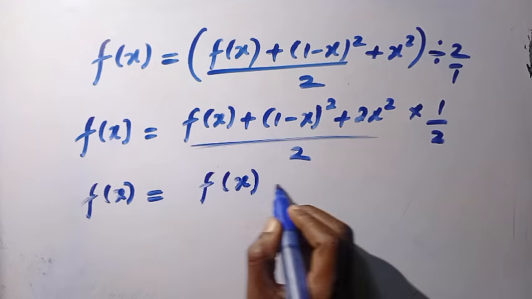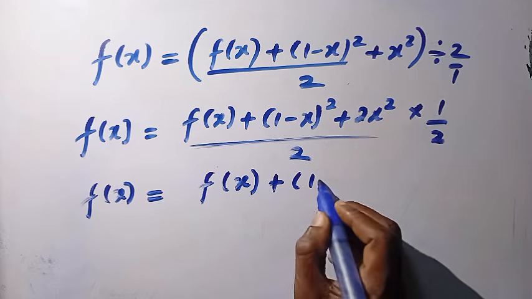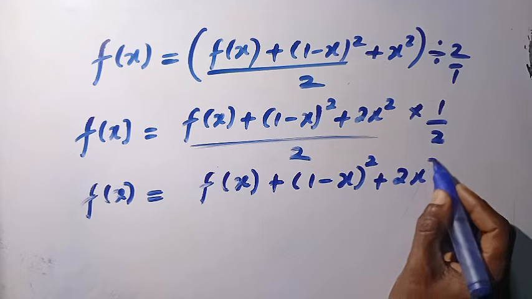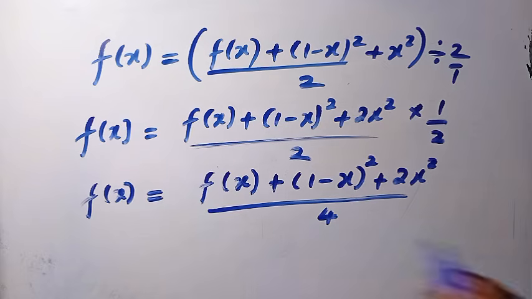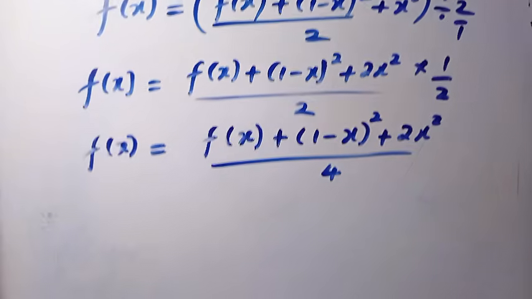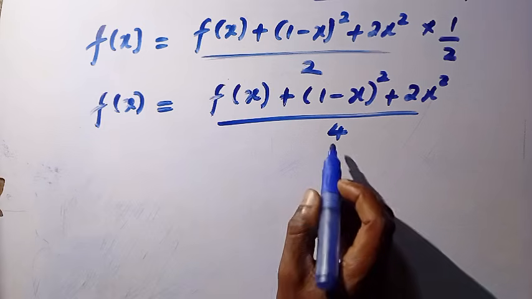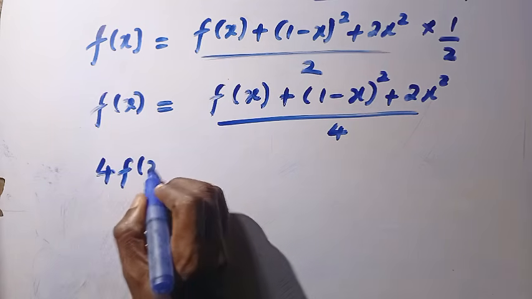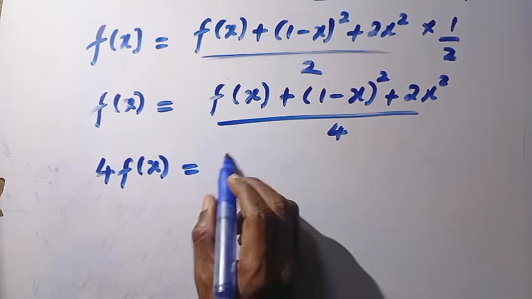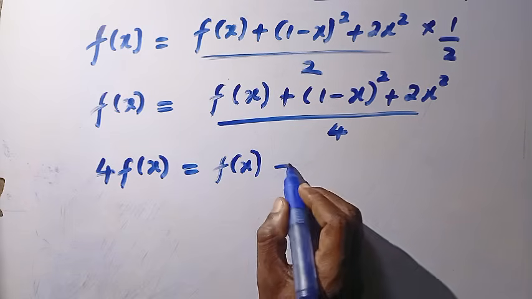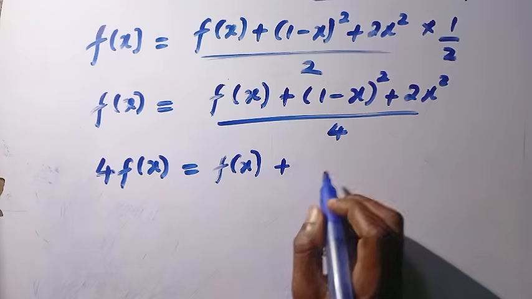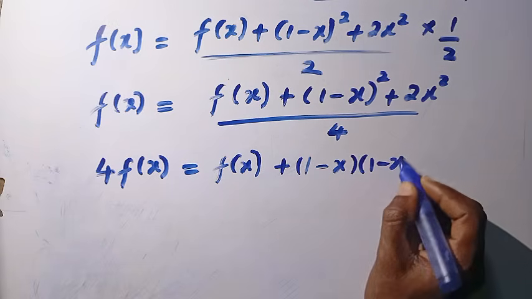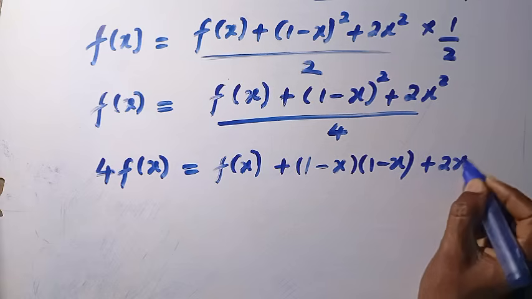And this gives us f of x plus (1 minus x) squared plus 2x squared divided by 4. If I cross multiply 4 by f of x, we have 4 f of x equals f of x plus, let's expand (1 minus x), which is 1 minus x multiplied by 1 minus x, then plus 2x squared.